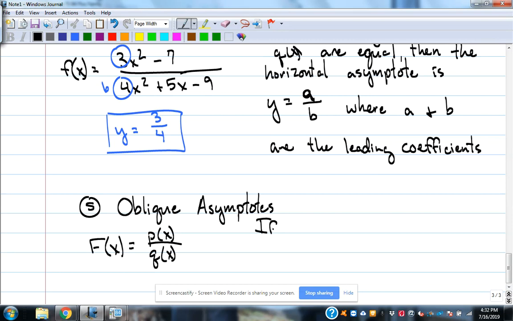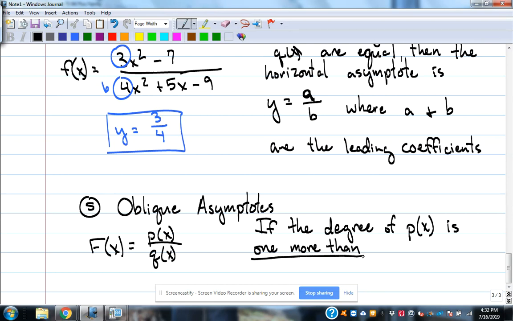If the degree of P of x is 1 more than the degree of Q of x.